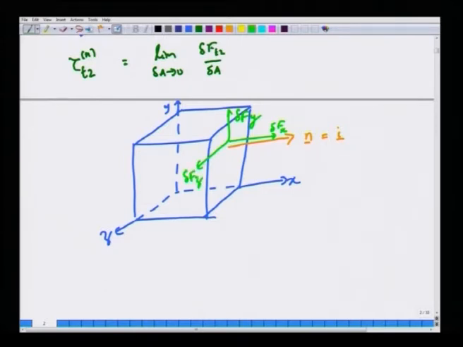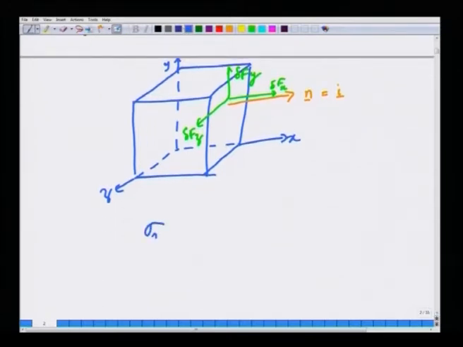So, we can write the 3 components of the stresses, the force per unit area, as follows: sigma x x. Let me write the two x's in 2 colors, and I will explain the reason.